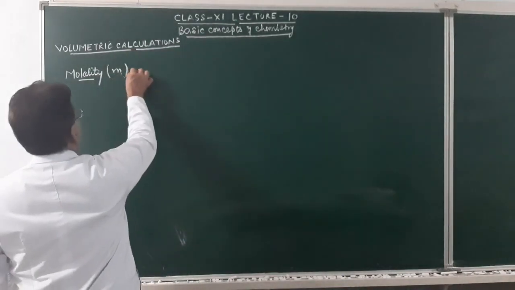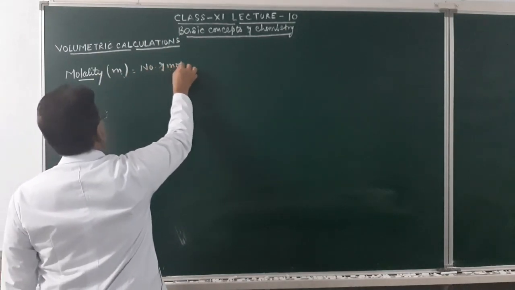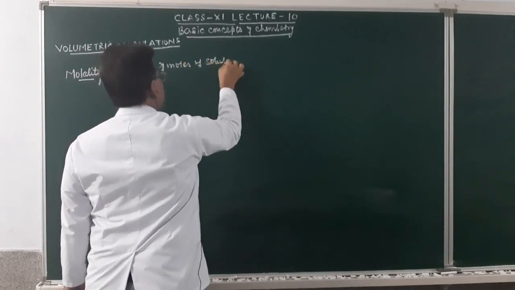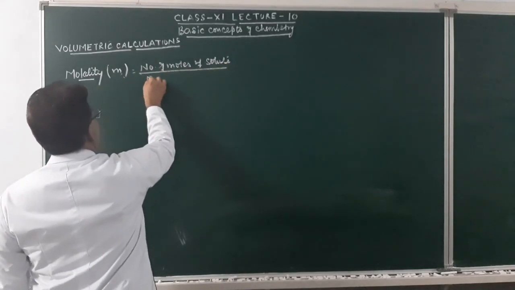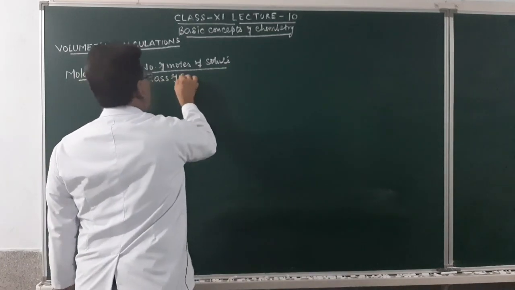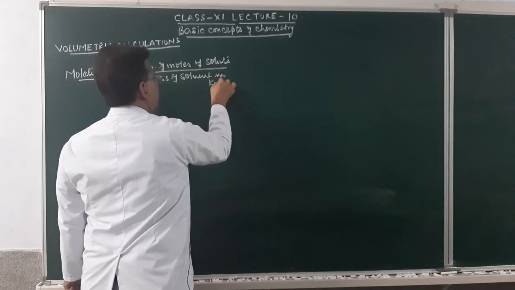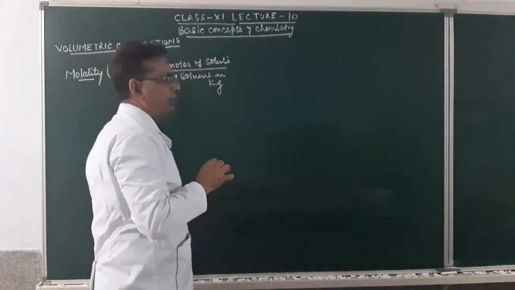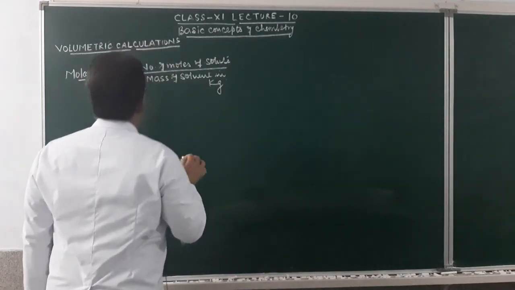Molality will be equal to number of moles of solute upon mass of solvent in kilogram. Am I clear? So, molality is equal to the number of moles of solute upon the mass of a solvent in kilogram.